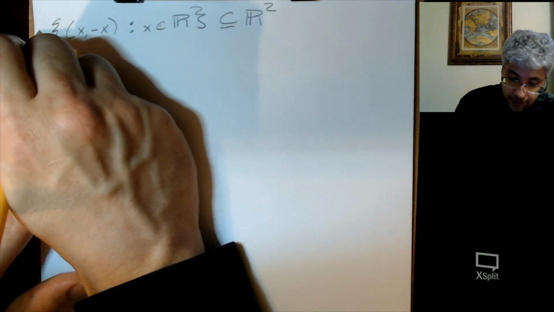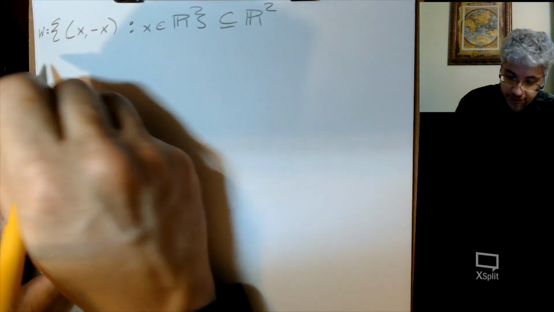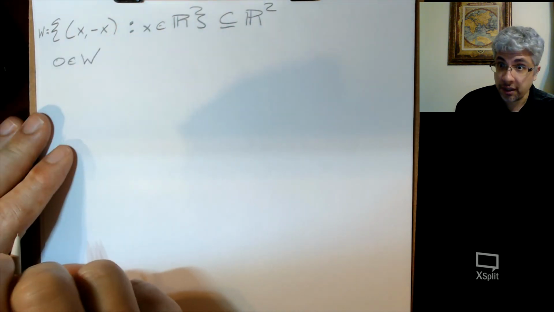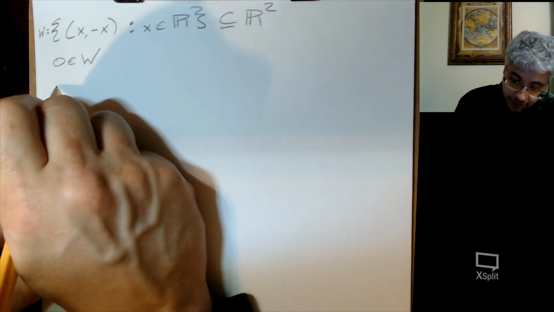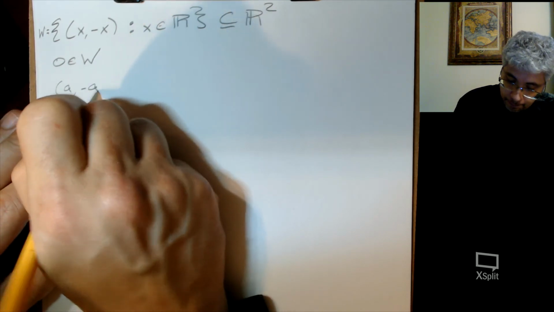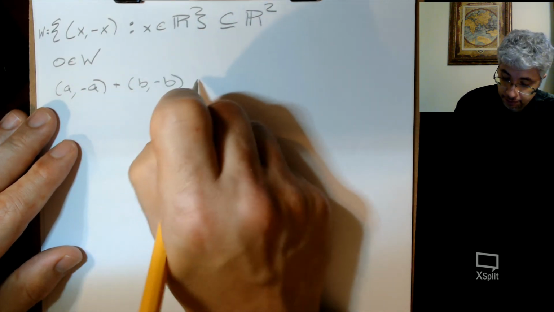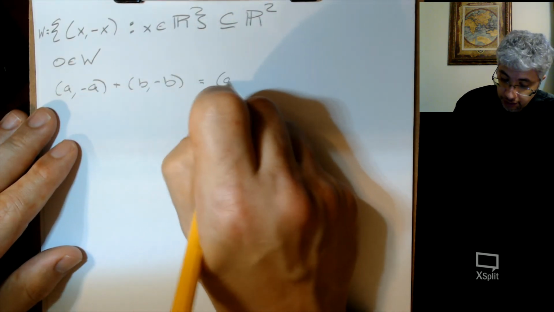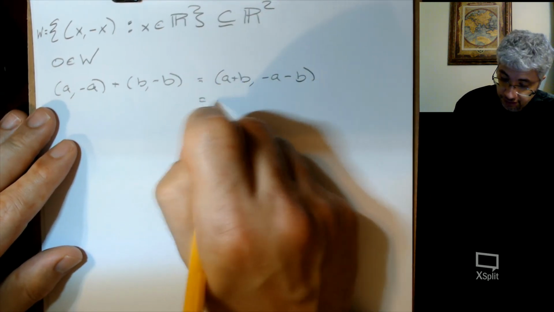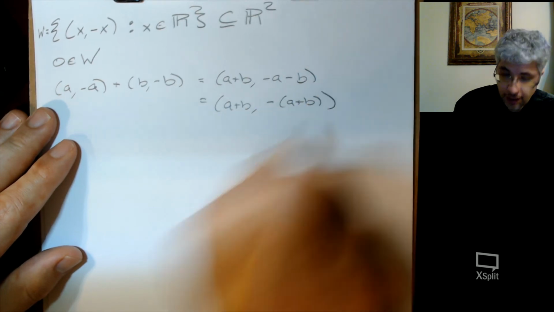Let's give this a name. I'll just call this W for now. I could call it null T, because we know W is equal to null T. But what do I know? I know 0 is in W, so W is not empty. And then if I have, let's say, (A, minus A) plus (B, minus B), well, this is going to be (A plus B, minus A minus B), which is equal to (A plus B, minus (A plus B)).